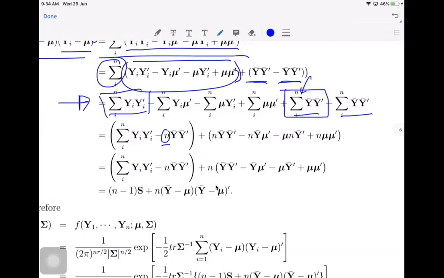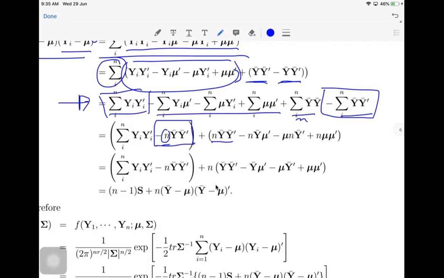And the rest, this is also n times something, which is this one. Then apply the summations here. That will be a constant, and then you write the summation of yi, i from 1 to n, as n y bar.